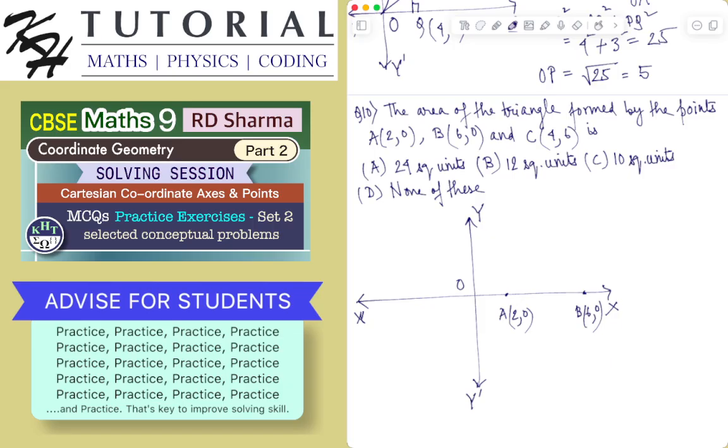Point A is at a distance 2 from the y-axis, point B is at a distance 6 from the y-axis. Definitely the distance of the point C from the y-axis will be equal to 4, obviously, so C will be somewhere over here, 4 comma 6.